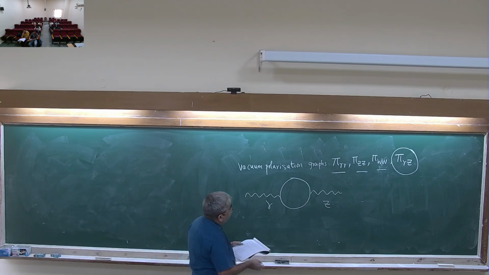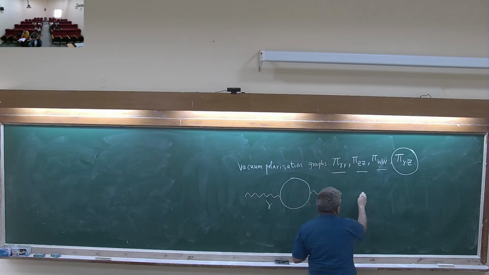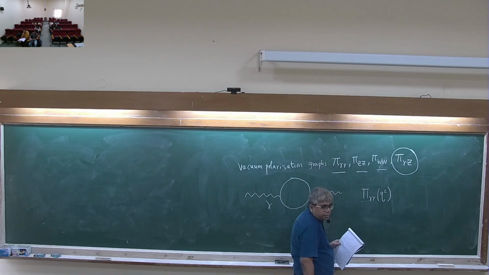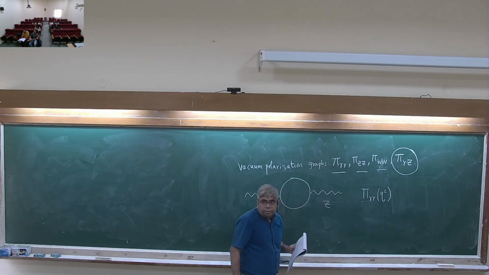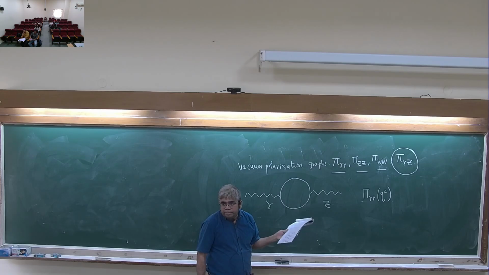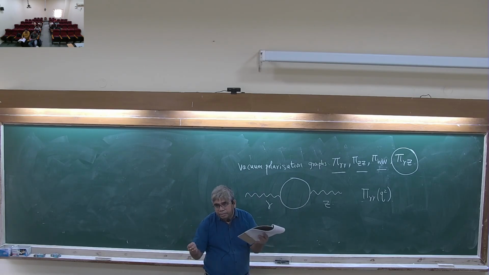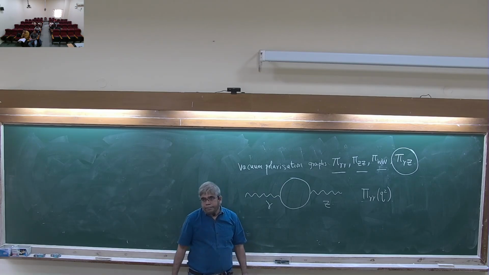All these pi's have q square dependence. You can measure them at whatever energy you want. At q square equal to 0, the pi's are used to define known quantities like electric charge, G_F or something. At q square equal to mZ square, you can actually measure them. It's a linear combination.